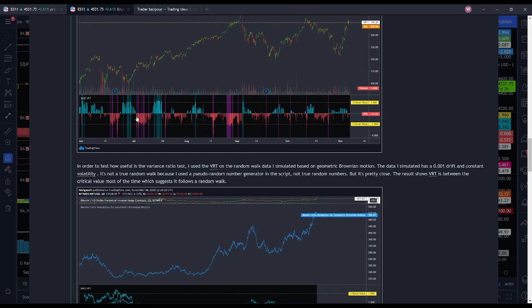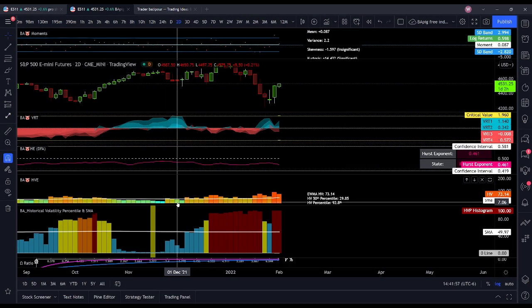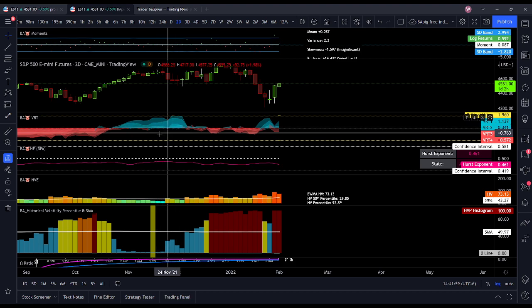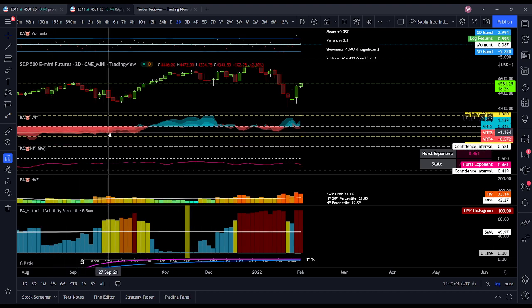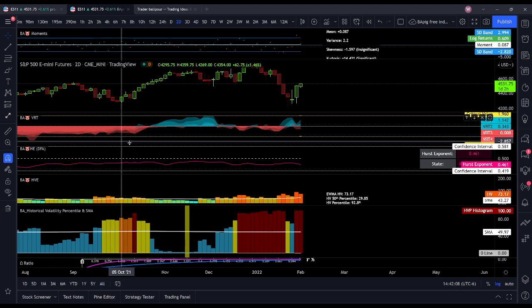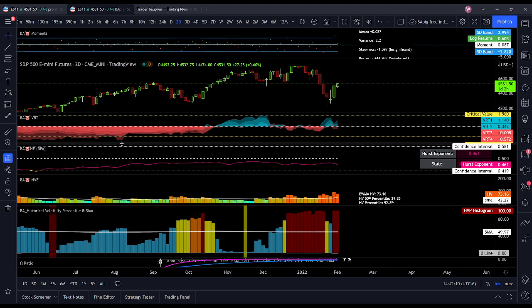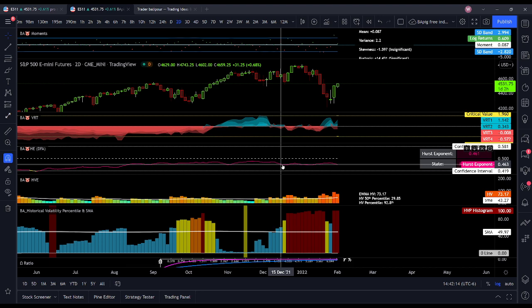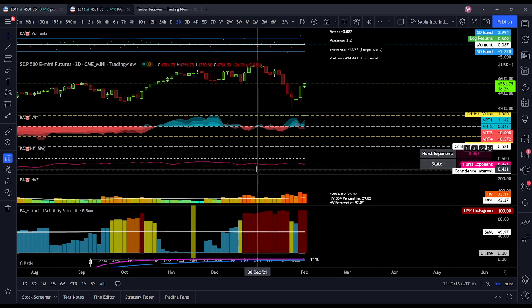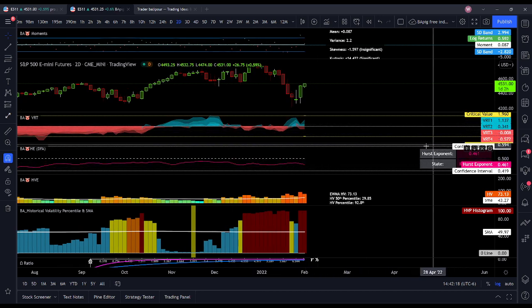When the indicator is blue, you're going to see higher volatility, and when the indicator is red, you're going to see low volatility followed by high volatility, and high volatility followed by low volatility. It's not a strict order by the variance ratio test. It's just showing you what the market state is according to these tests.